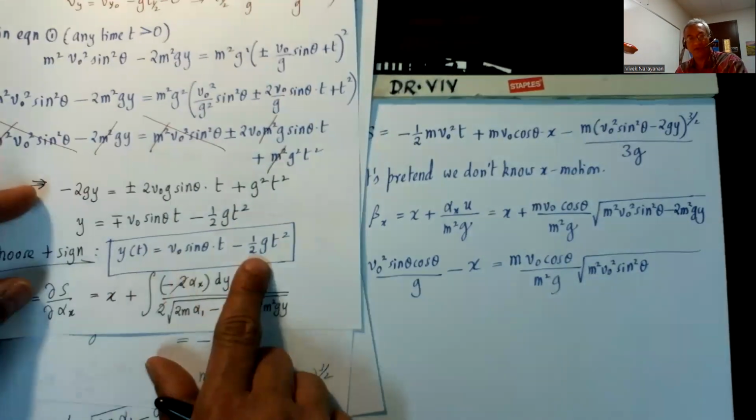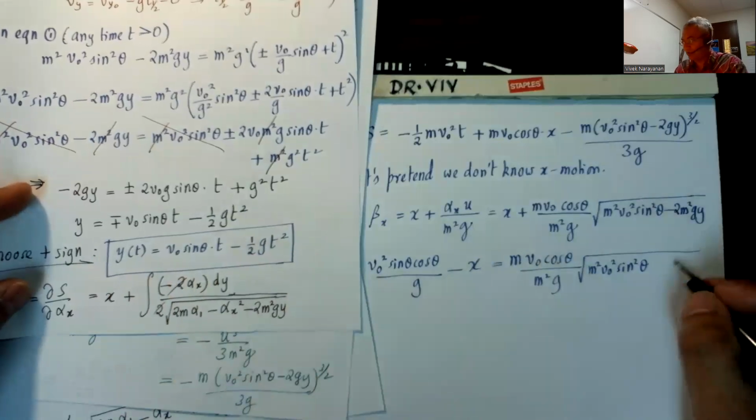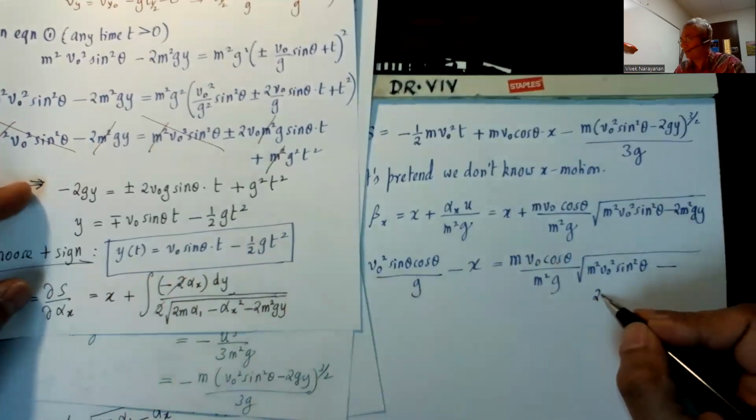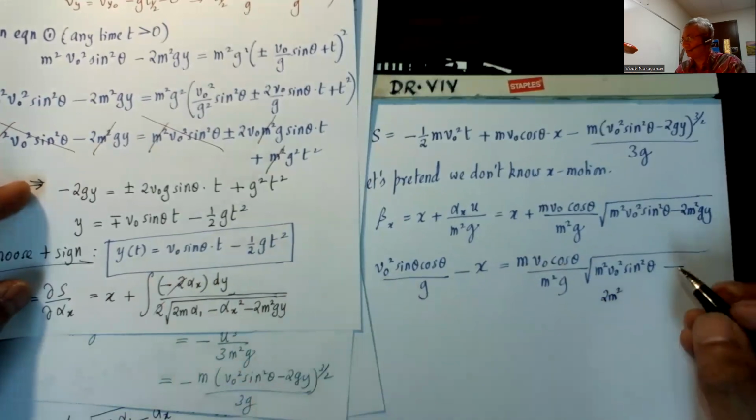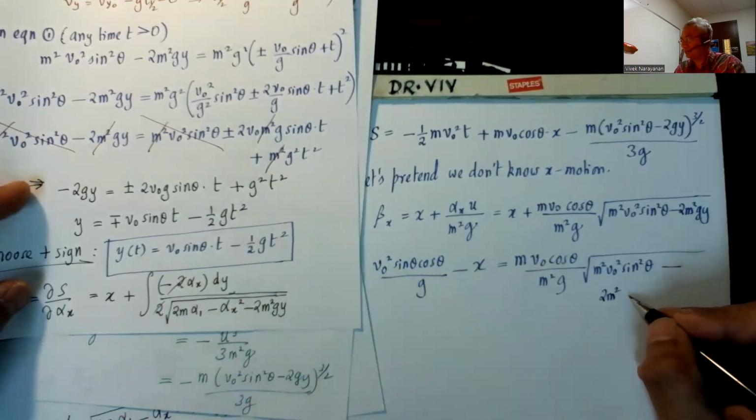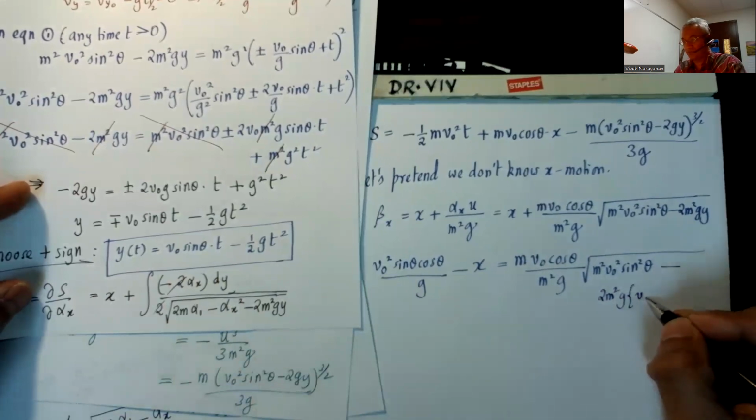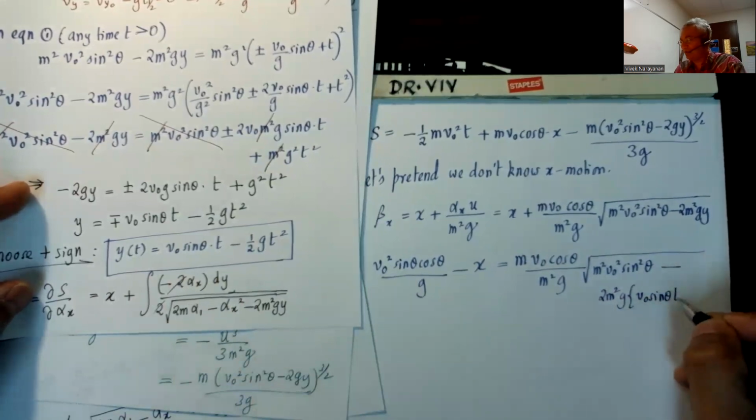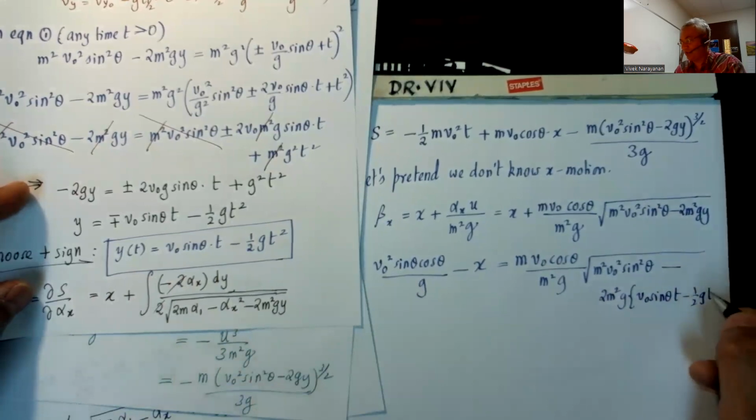The equation for y is known to us, so we can put that equation for y there. So I get v naught sine theta t minus 1/2 gt squared.